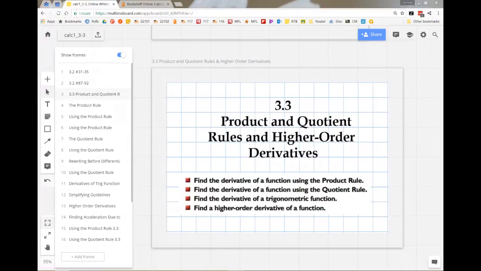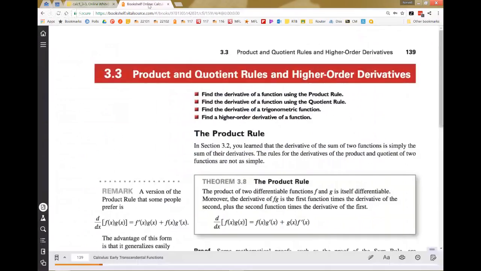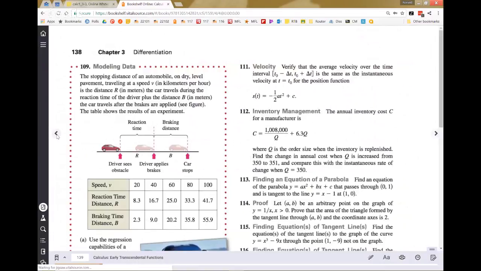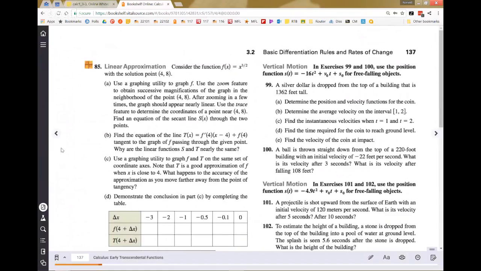Any questions? Oh, 99? Okay, we do have some questions. I see them there popping up. All right, number 99. So we're back to 3.2. Number 99.